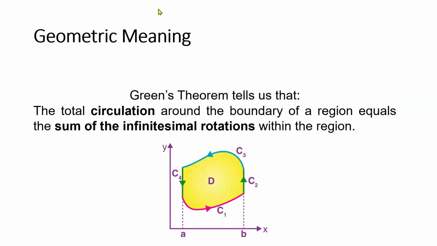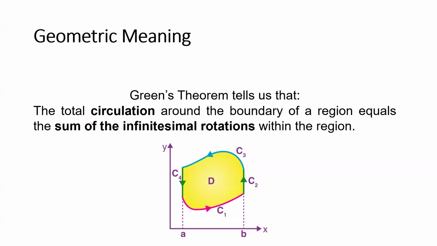Next, what is the geometric meaning of Green's theorem? It tells us that the total circulation around the boundary of a region equals the sum of the infinitesimal rotations within the region.